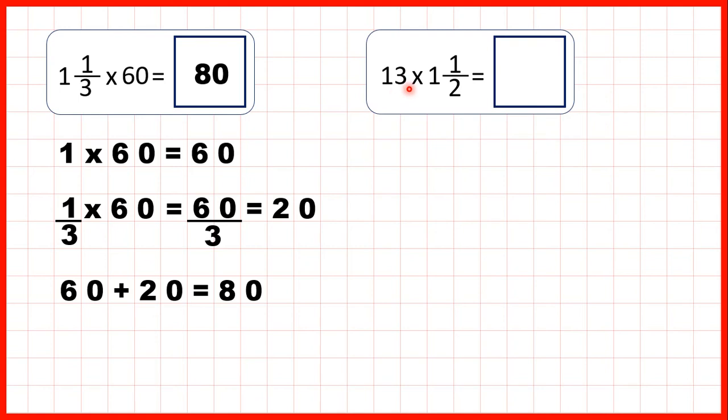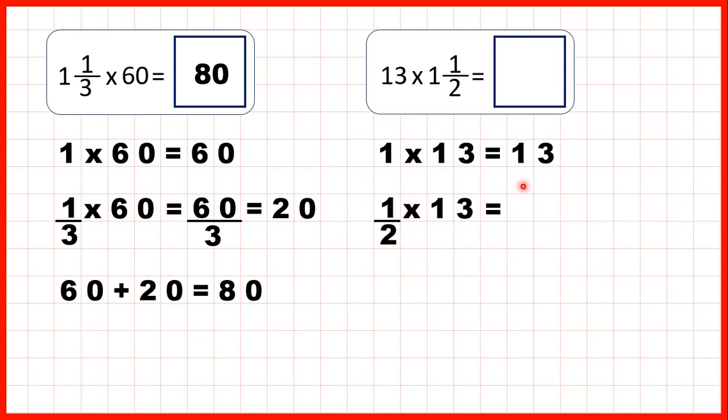Now 13 times 1.5. So 13 times 1 is 13, and we can work out 13 times a half, or a half times 13. We remember the denominator stays the same, and 1 times 13 is 13, so we have 13 halves.